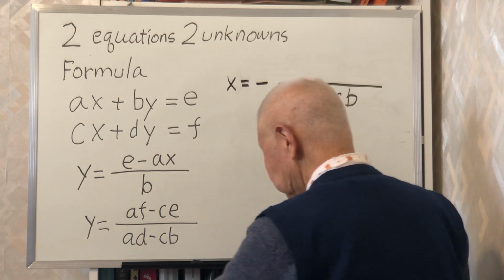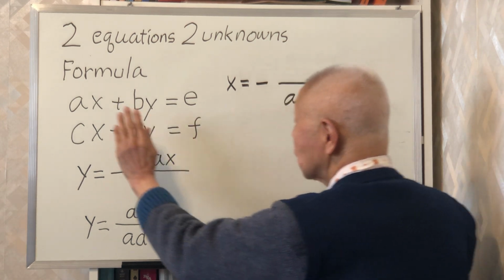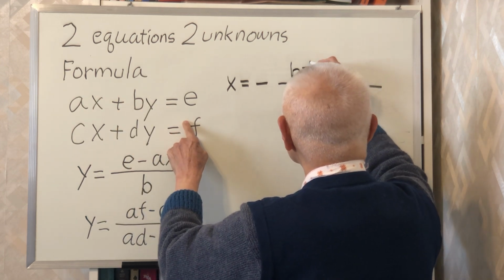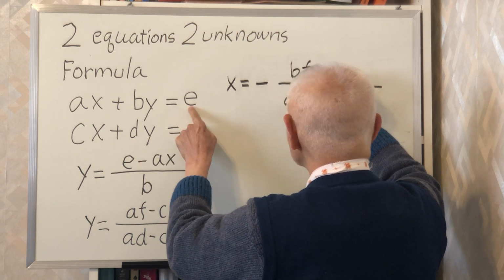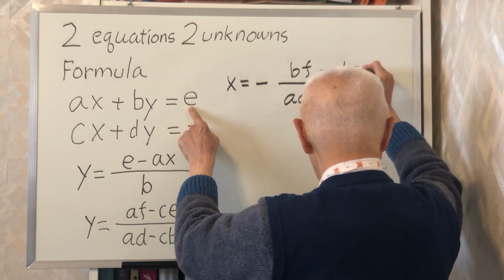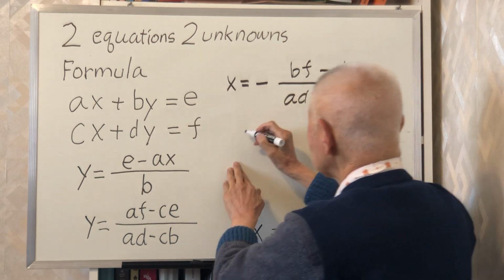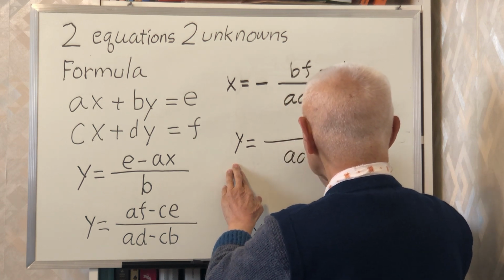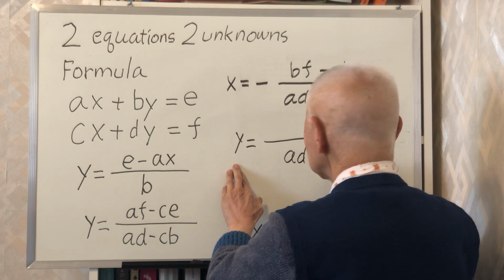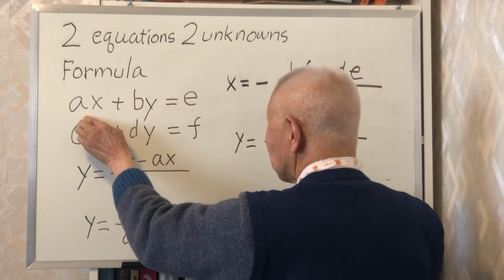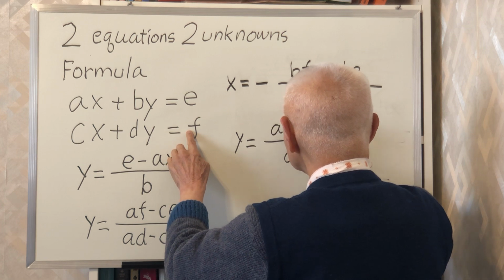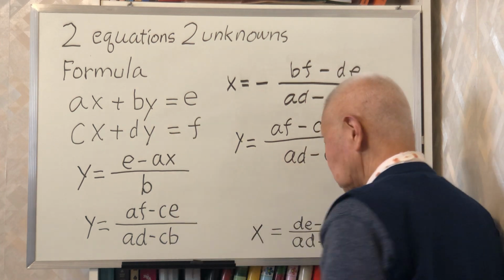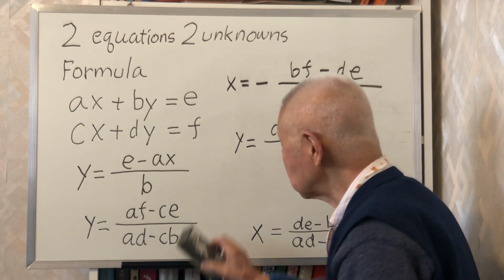For x, you do not look at x, so it's BF minus DE with a negative sign. But for y, you do not need a negative sign. AD minus CB. For y, you do not look at this. AF minus CE. Okay? That is how you remember it.